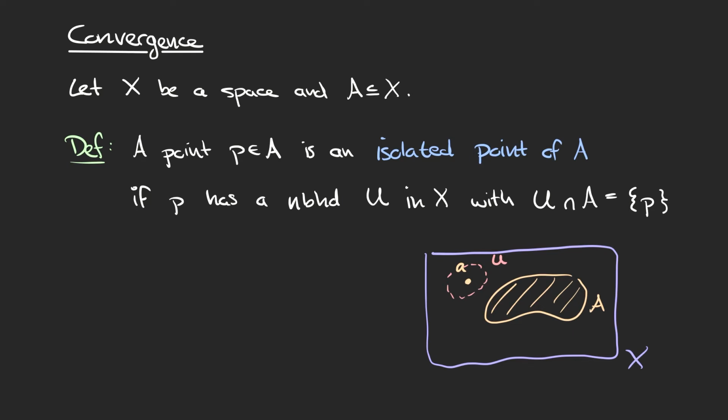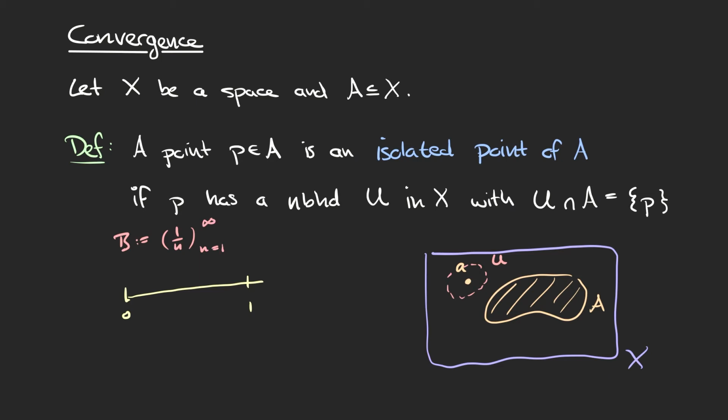To illustrate this, let's consider another example. So we look again at the real line. So we have 0 here and 1 here. And now instead of taking an interval, we take a subset which is a sequence, namely the sequence 1 over n for all positive integers.